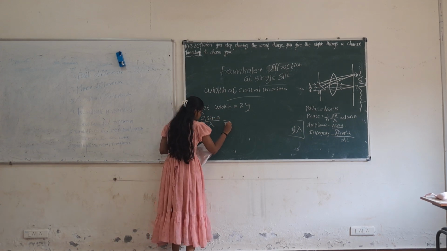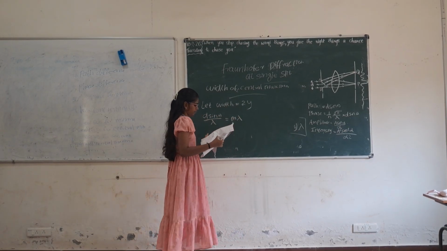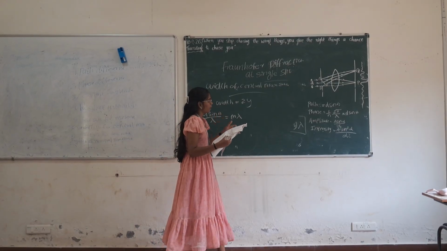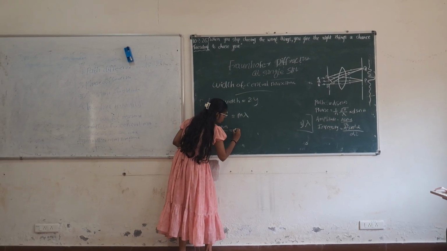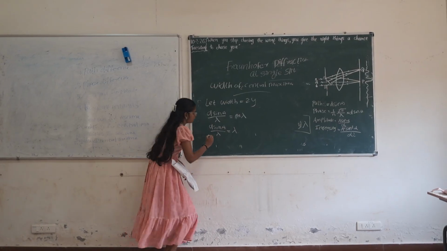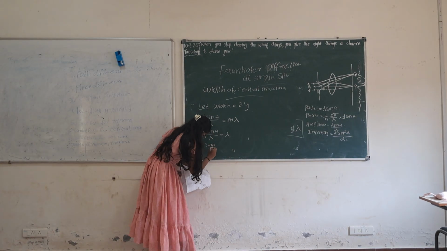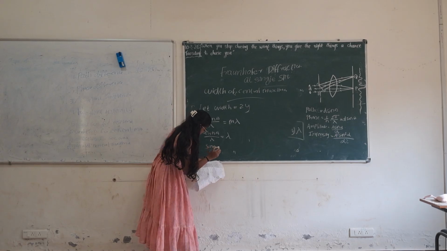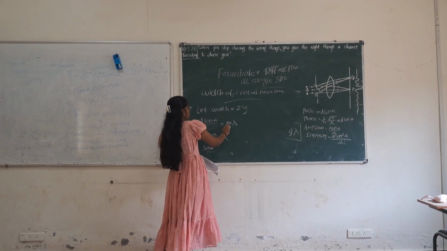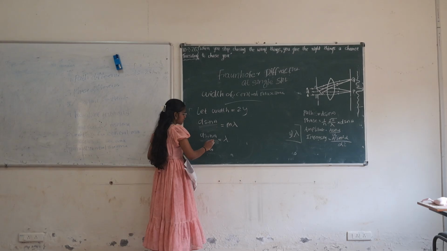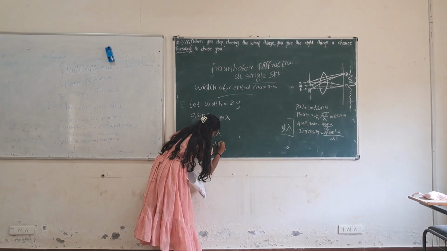Applying the condition for minimum, d sin theta is equal to plus or minus m lambda, at the point m is equal to 1. d sin theta is equal to lambda. So sin theta is equal to lambda by d.